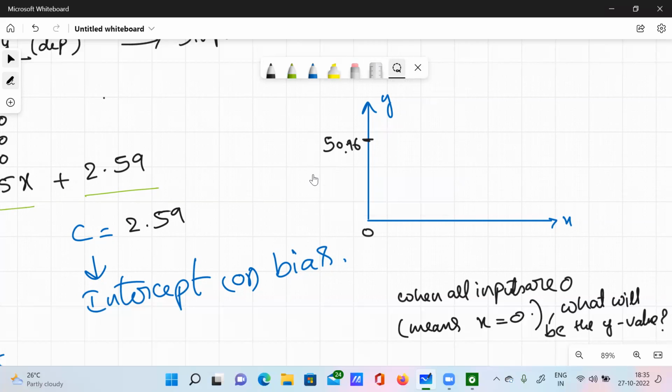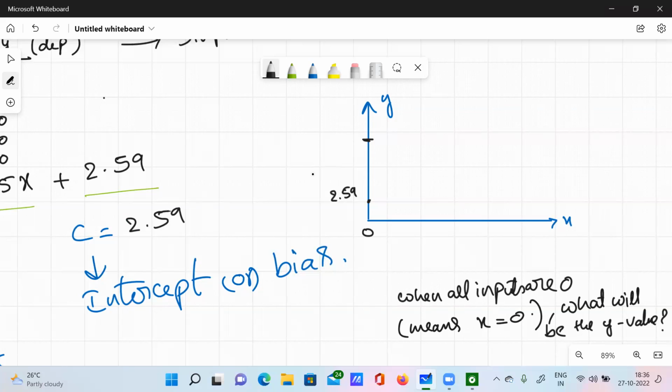When all our x's are 0, our intercept would be 2.59. So this is the 2.59 value.